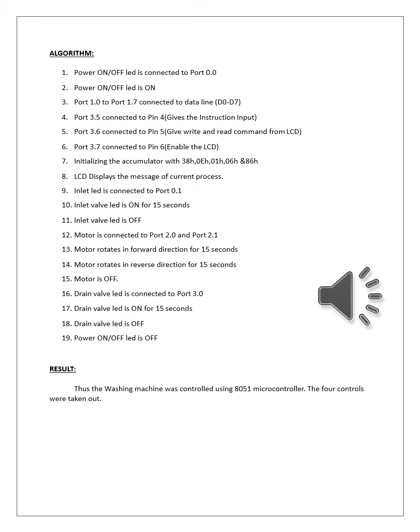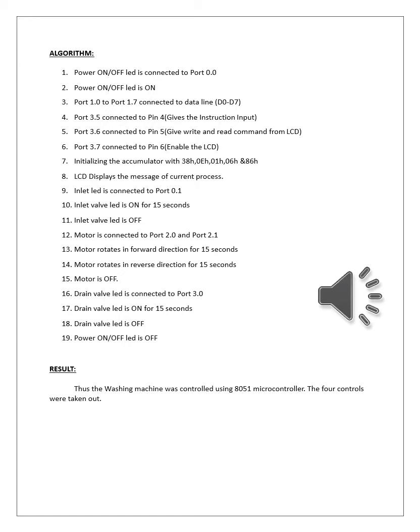So for that we are initializing the command. These are the commands we are going to use for that LCD: 32, 38, 0E, 01, 06, 86. These initialize the accumulator to display the command according to the operation. So for the LCD we are using port 1.0 to port 1.7, and the remaining port 3 lines: 3.5, 3.6, 3.7.